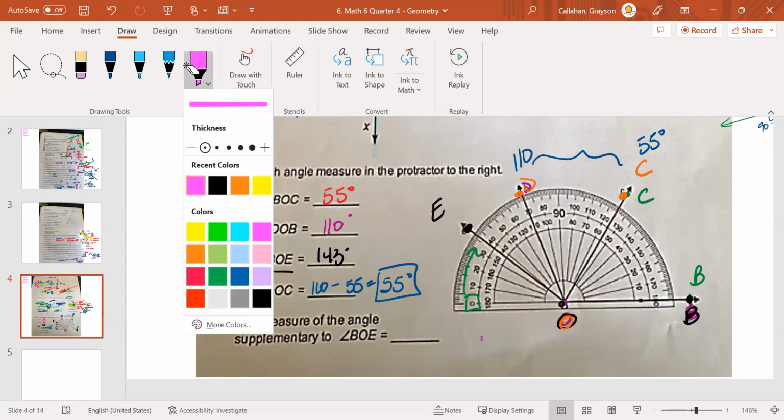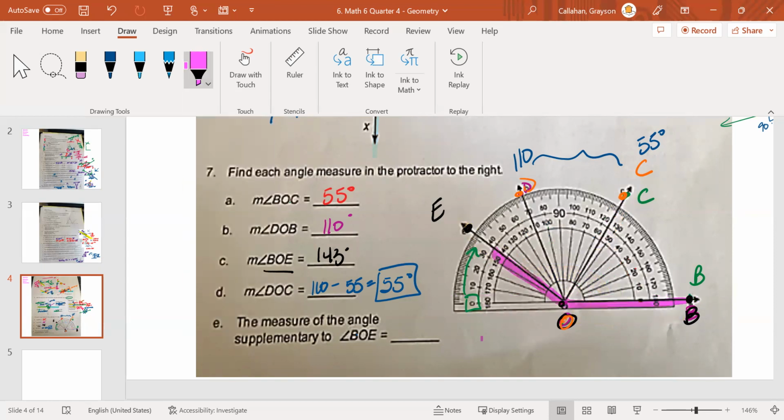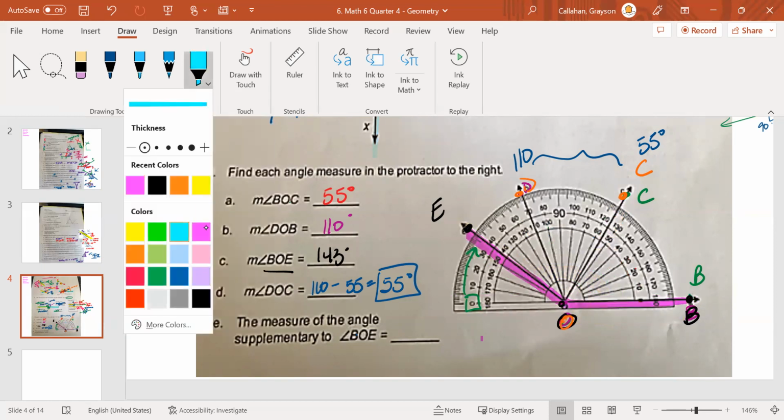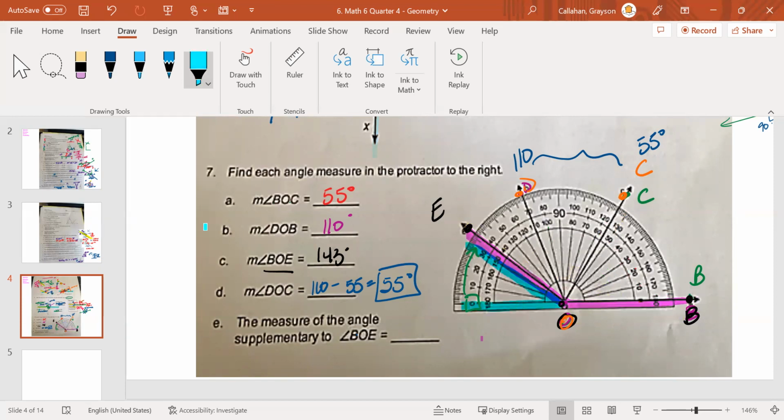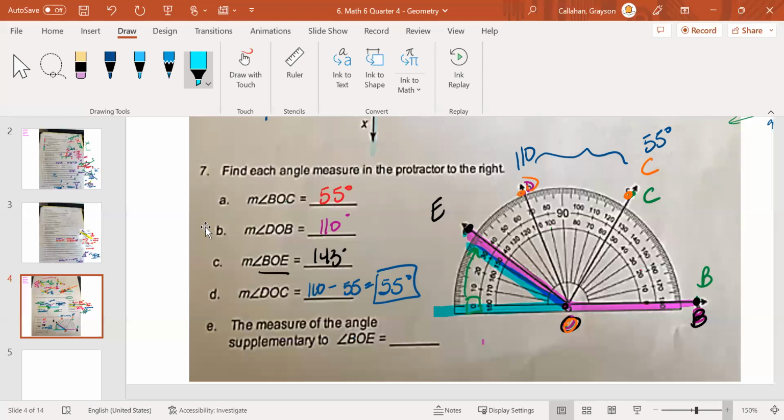Okay. So here's BOE. The angle that's supplementary, that creates a straight line, is this blue angle right here. I guess it doesn't even have a point here, so it just wants you to have the angle right here. So this angle looks at BOE.